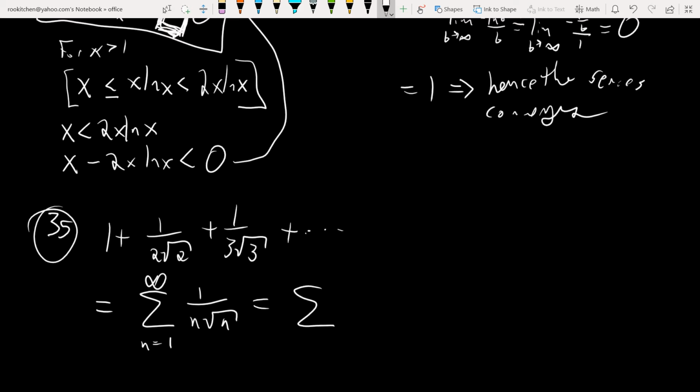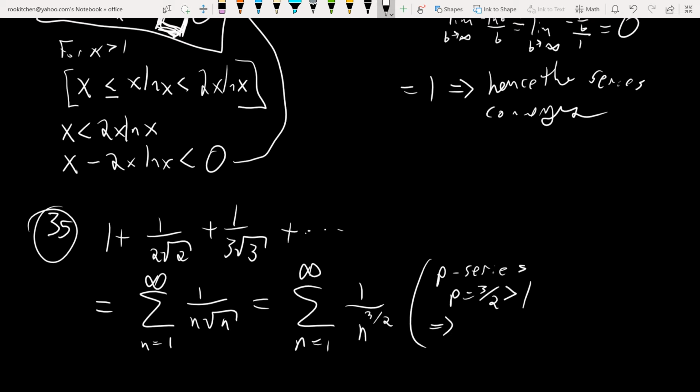And that's a p-series. Okay, so it's the sum from n equals 1 to infinity of 1 all over n to the first times n to the 1/2, which is n to the 3/2, which is a p-series where p equals 3/2, which is greater than 1, which implies it's convergent.